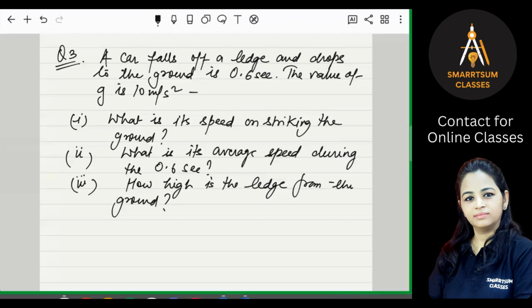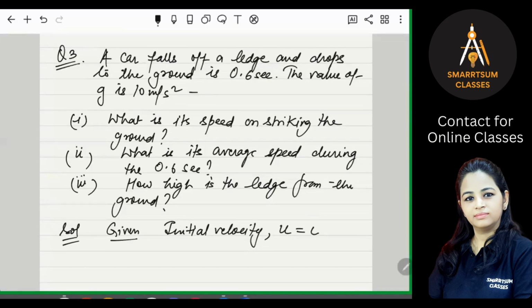So very first, write down what is given to you. Whenever you are solving a question, first write down what is given in the question. So now given is, what is u? Can you tell me what is u, the initial velocity, for the car?